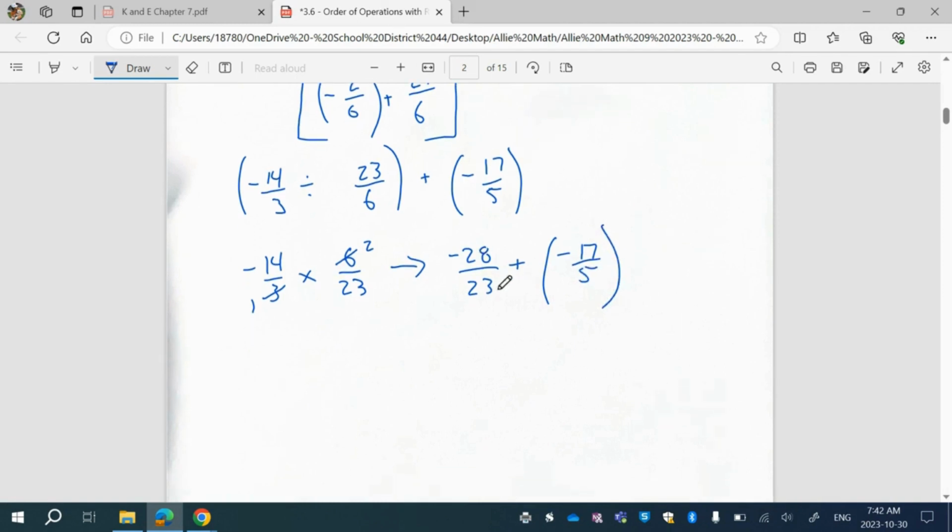Okay, to add this, what is going to be the first number? Oh, this is going to be so big. What's the first number that 23 and 5 go into? We need it to end in a 5 or a 0. I think maybe we just got to go 5 times 23. So let's do that.